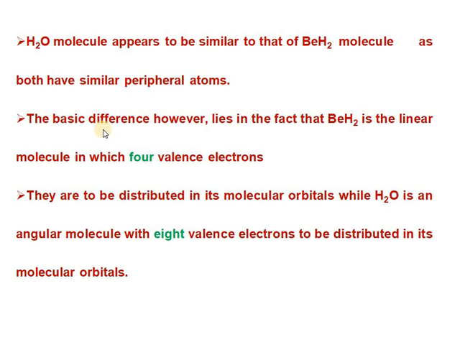But the basic difference is that beryllium hydride is a linear molecule with 4 valence electrons, while water is an angular molecule with 8 valence electrons to be distributed in its molecular orbitals.